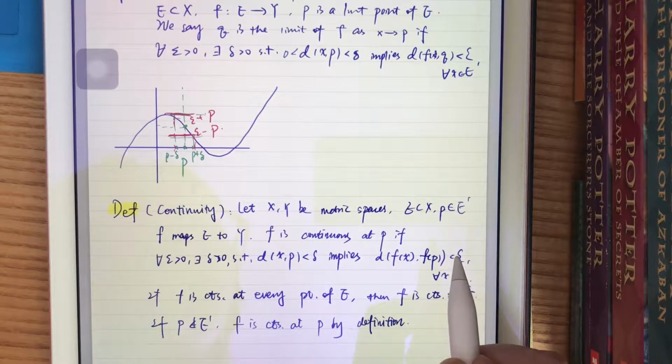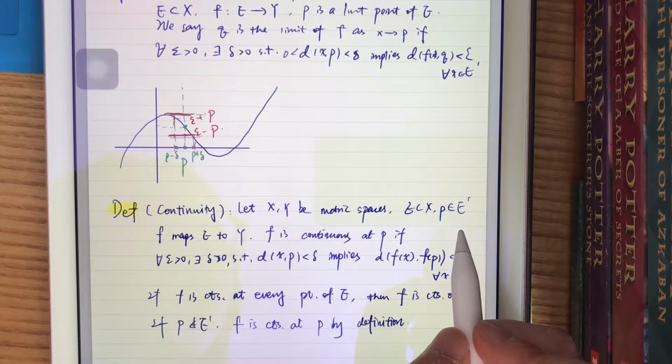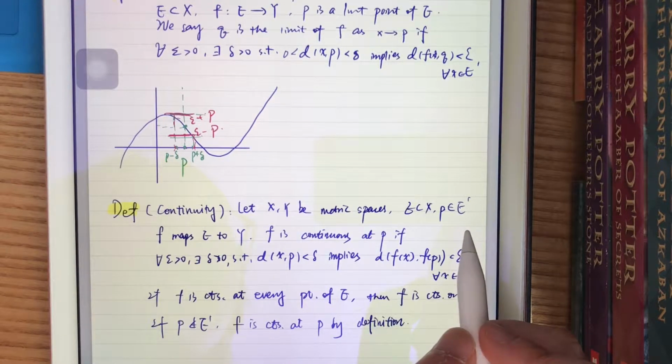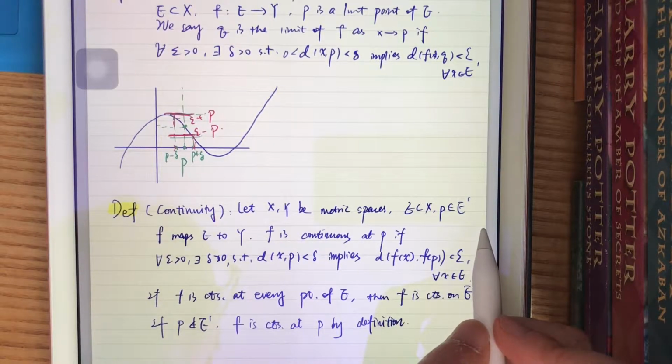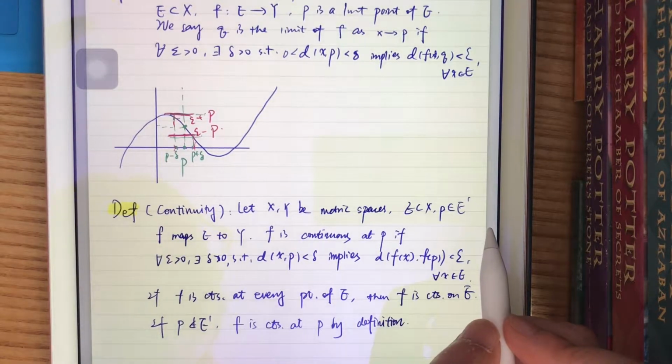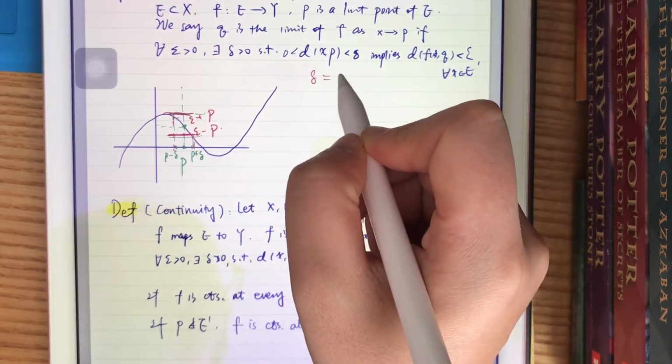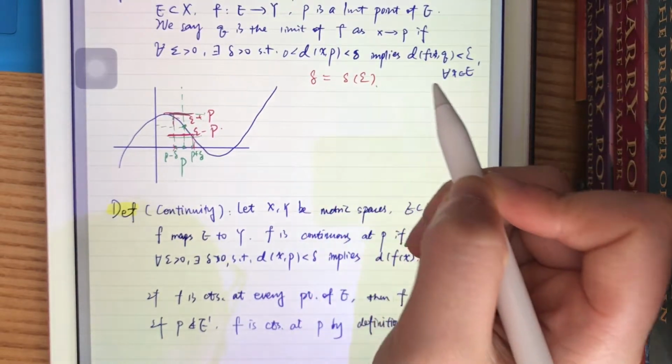Such that the condition is satisfied, right? Although in the definition it seems that we firstly choose delta, because we say that the distance between x and p is smaller than delta implies the distance between F(x) and Q is smaller than epsilon, right? But actually, since we are saying that for every epsilon we can find a delta, actually delta is dependent on epsilon, right?